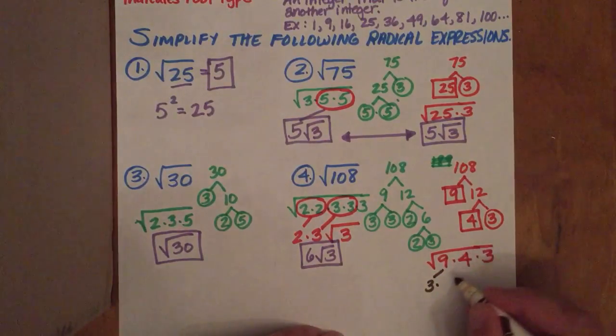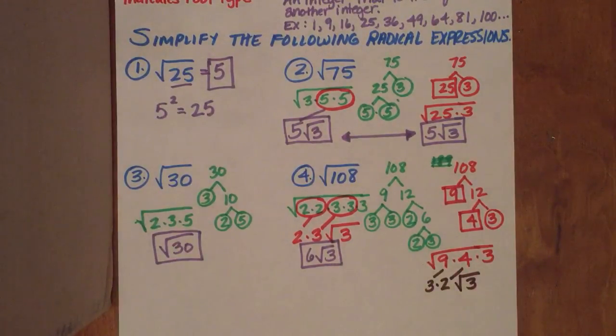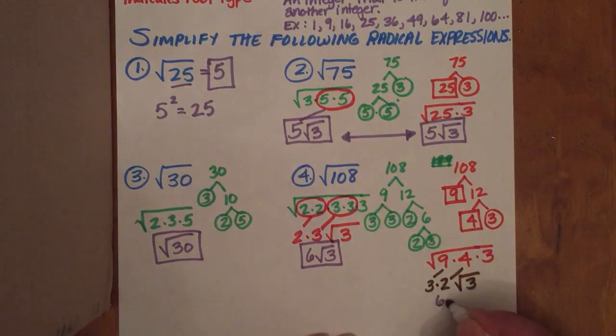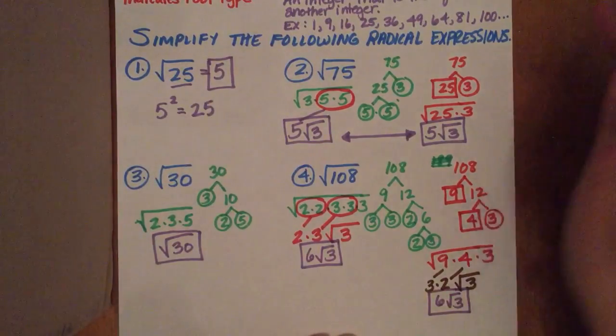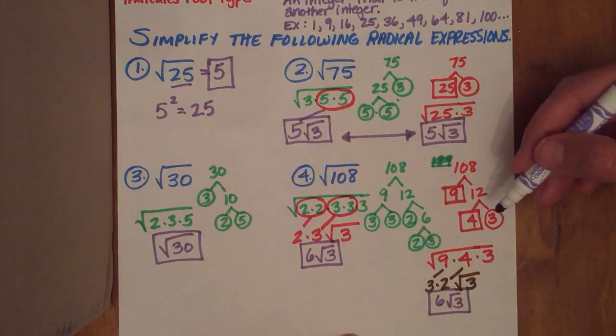We know that the square root of 4 is 2, so I can bring that out. And the 3 stays underneath. So I multiply 3 times 2, and I get 6 times the square root of 3. And that is how you simplify using the square roots.